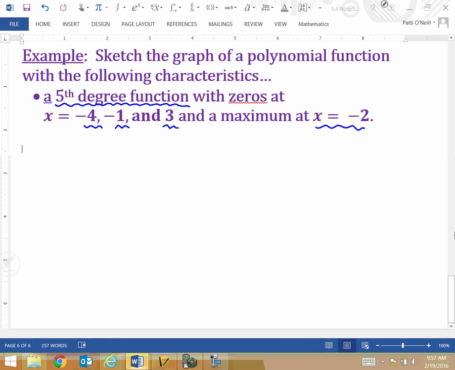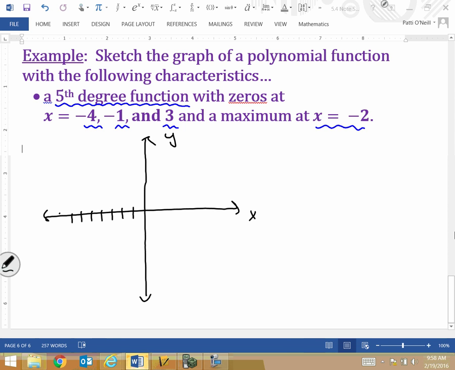So let's draw a coordinate plane. And what we know is this. We know that we have zeros at -4, -1, and 3. So I'm going to put some tick marks on my coordinate plane. Now, I'm going to assume that these are zeros that are listed, but they may not be the only zeros.